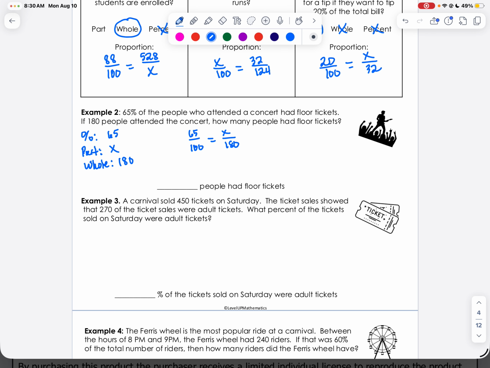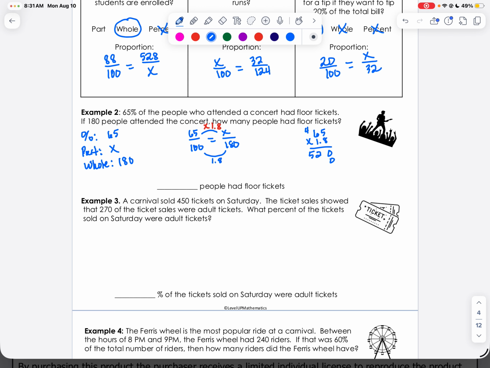So in this problem, it's really easy for me to see the scale factor is 1.8 because 180 divided by 100 is 1.8. So all I have to do is multiply the 65 by my scale factor of 1.8. So let's do that over here. 65 times 1.8. 5 times 8 is 40. 6 times 8 is 48, plus the 4 would be 52.